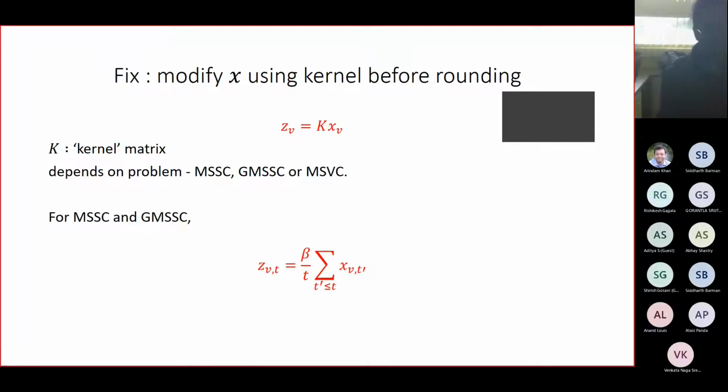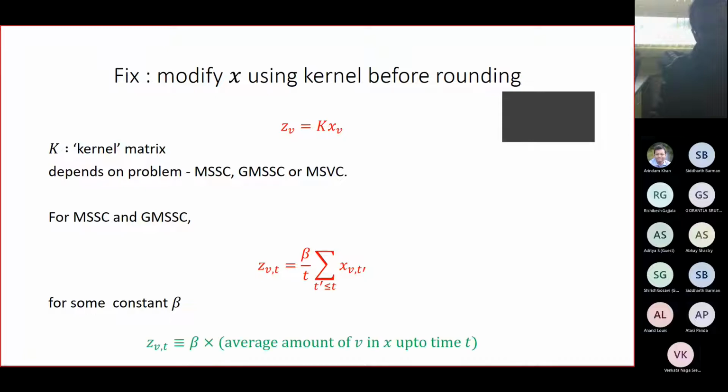Think of beta as some small number like 2 or 4. So, as the statement says, z_{v,t} is just beta times the average amount of v up to time t. So we're smearing, smoothing X out in some sense.